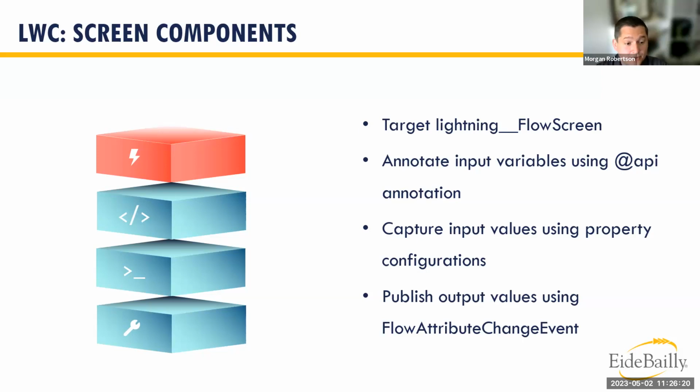You can set up your standard property configurations or set up the Lightning Web Component to be the configurator for your screen component. A little bit meta there, where we're using a Lightning Web Component to configure a Lightning Web Component. And the last thing is that you would import from the flow navigation module, so you can get the flow attribute change event and the flow navigation events. This is what allows you to go forward and backward within the flow.